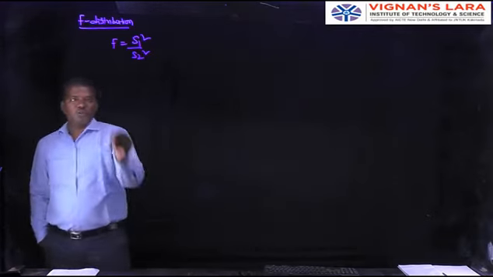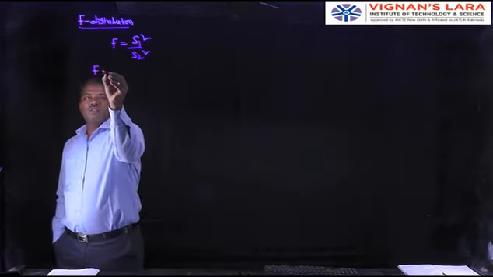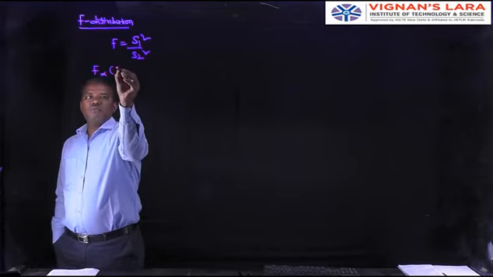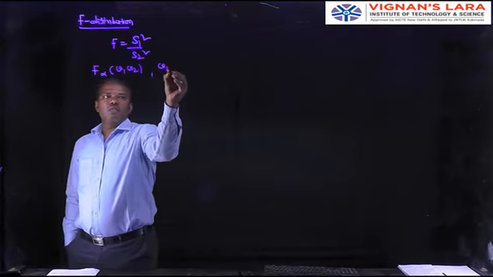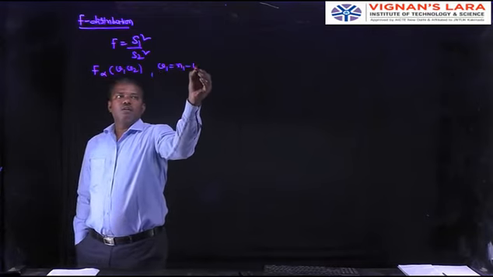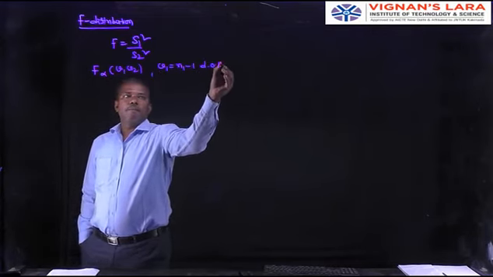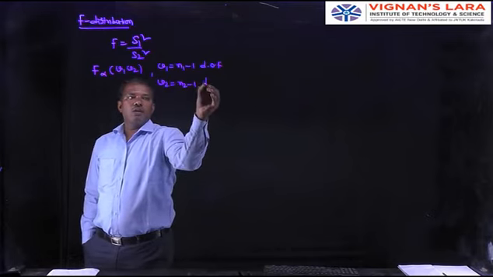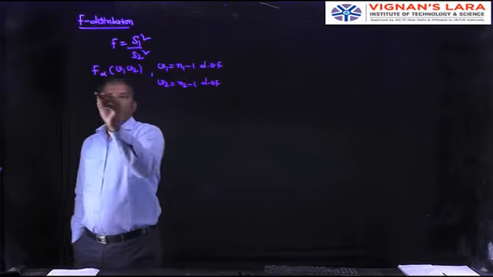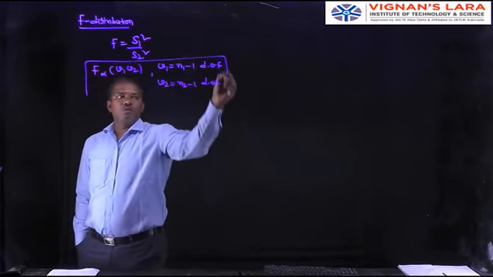And the F distribution table value is F alpha of V1 comma V2, where V1 is n1 minus 1 degrees of freedom and V2 is n2 minus 1 degrees of freedom. How to get the value of the F distribution?